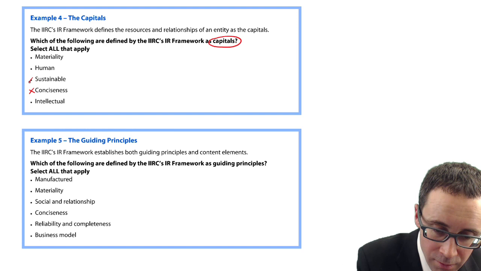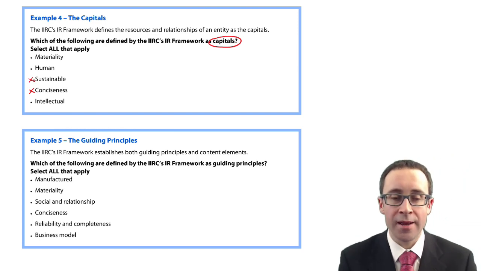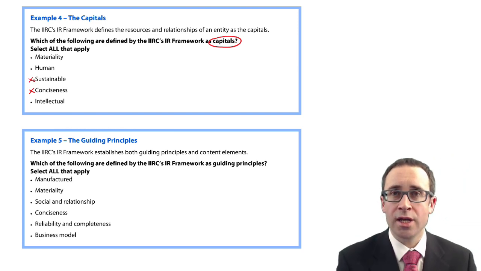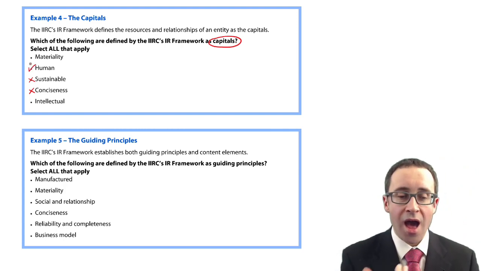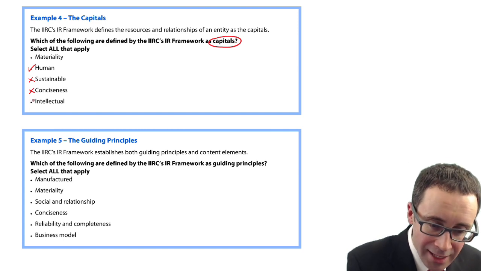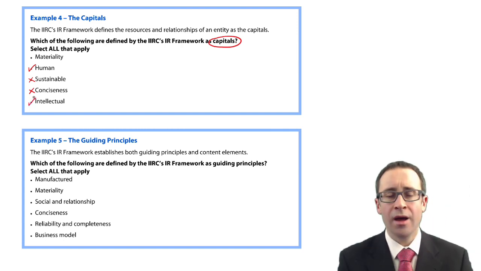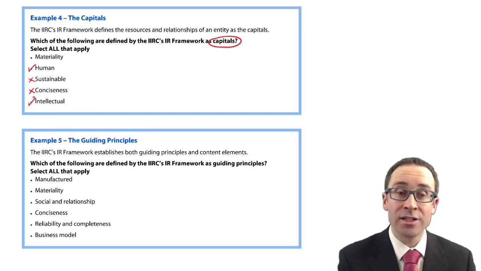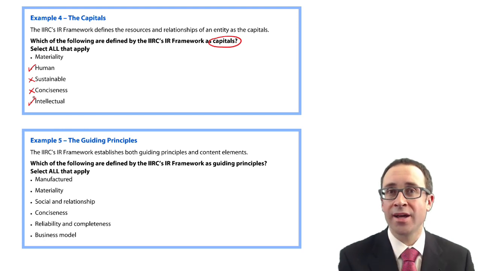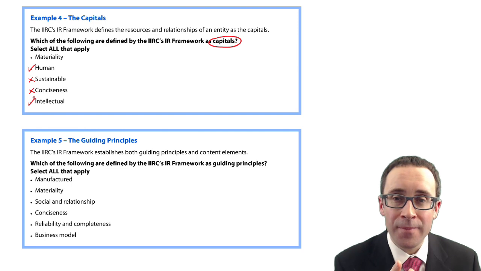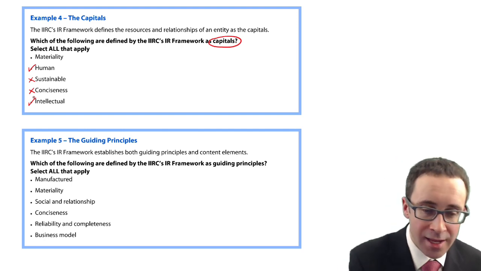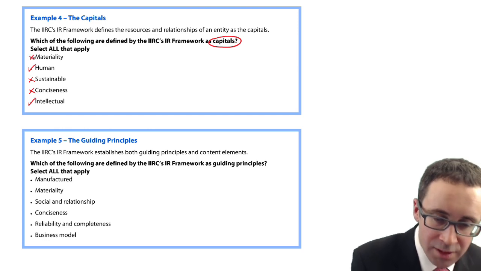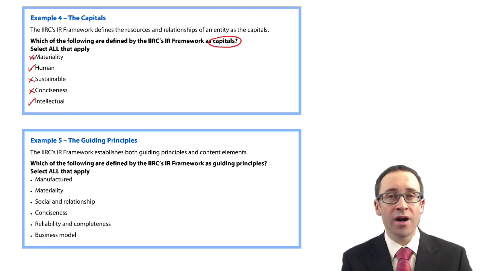Not for sustainable. Okay. H is human, so that's fine. I is your intellectual. Okay. SHIN. N is for natural. It's not there. F is for financial. It's not there. M is for your manufactured, isn't it? Okay. Not materiality. So be very, very careful. Of those 5, only 2 are capitals.